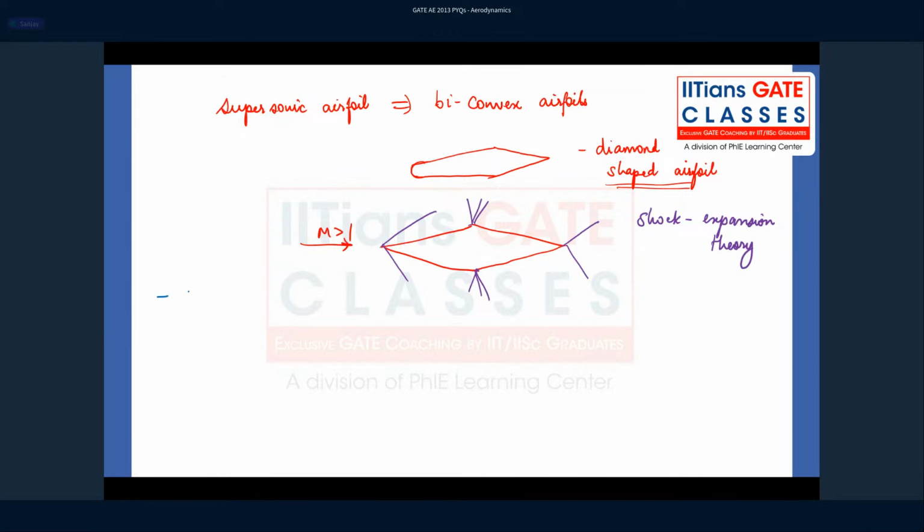from linearized supersonic theory. So what is this linearized supersonic theory? As we have the potential flow theory for a subsonic incompressible flow, similarly, you can also develop a potential flow theory for a supersonic flow.